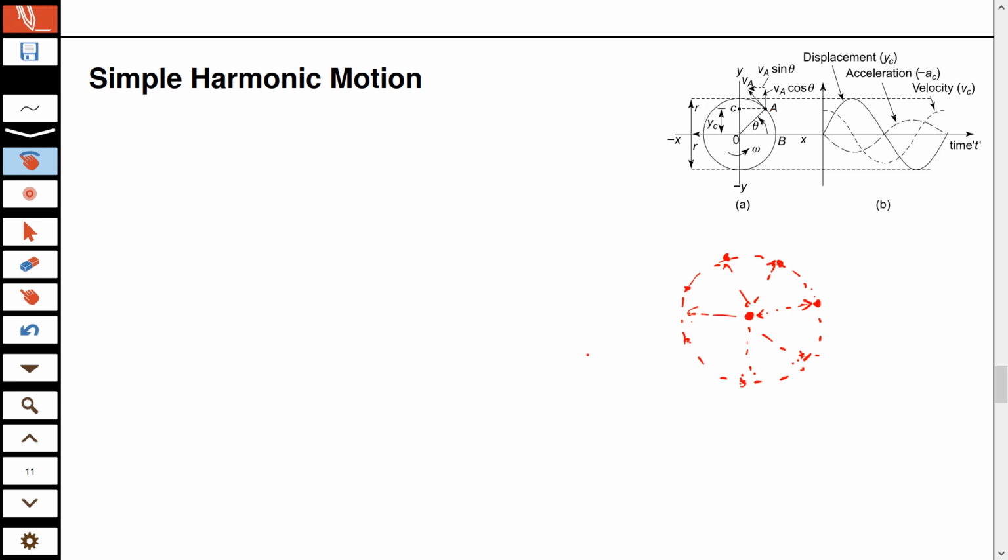So how do you establish periodic motion? Sorry, that simple harmonic motion का जो condition है कि the acceleration has to be proportional to minus displacement.